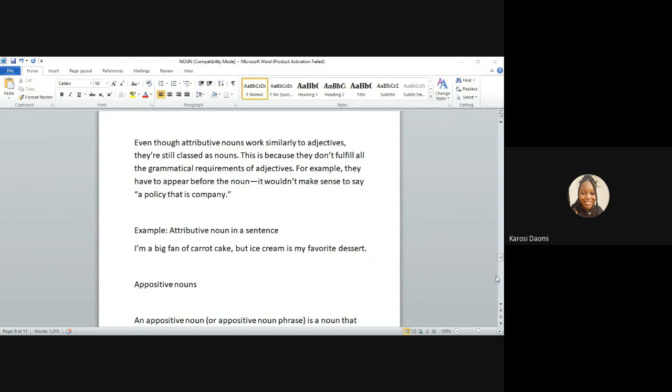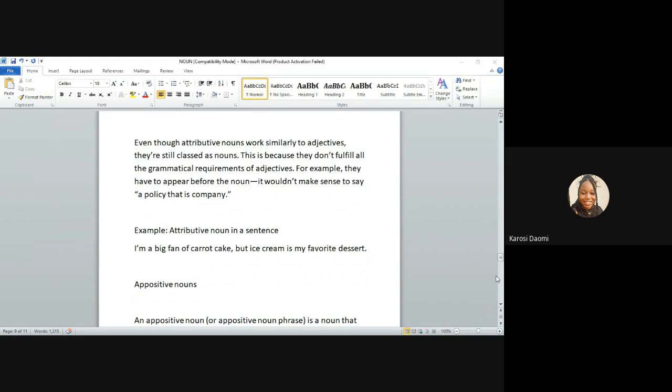Okay, so you have the word cake. Cake is a noun. Everybody knows cake. It's the name of a particular pastry that is eaten commonly all over the world. But we have different types of cakes, different flavors, different ways in which cakes are made.